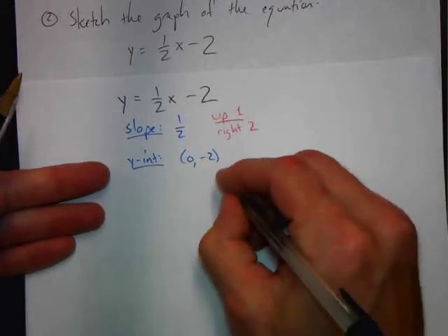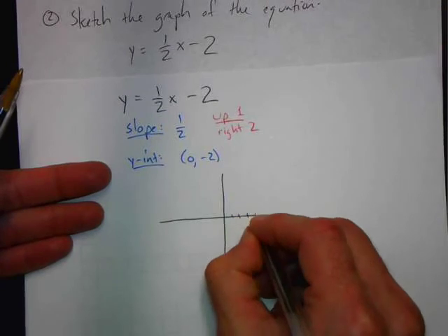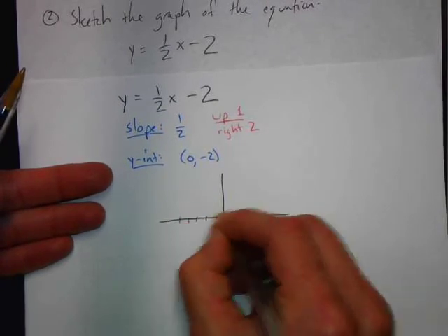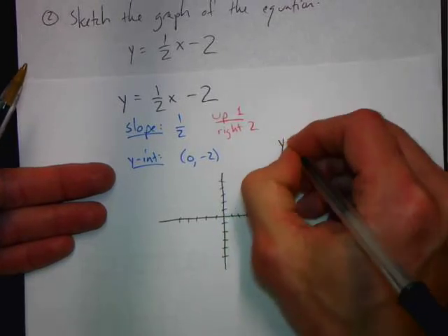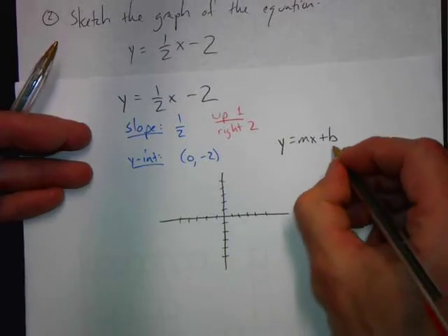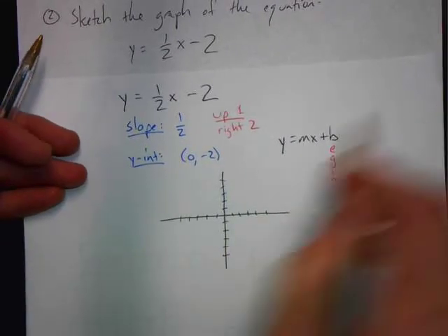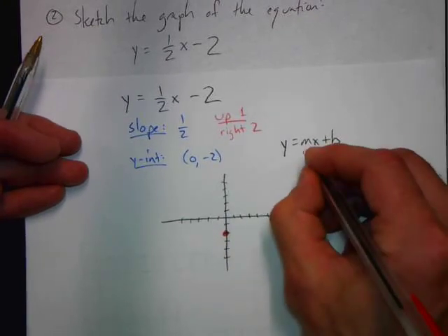So we make our coordinate plane. We have our y equals mx plus b, where b can stand for begin. We begin at the y-intercept of negative 2, and m stands for move.